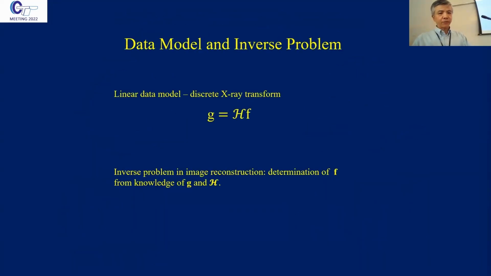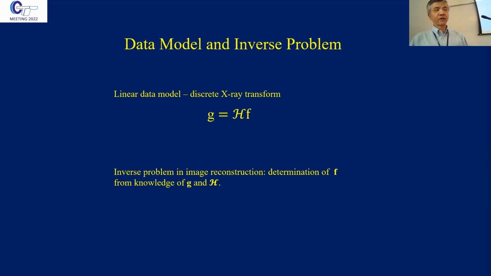The data model we're looking at is in essence still the X-ray transform, in discrete form. We're not talking about the continuous one. The inverse problem here is to determine F from knowledge of G and H. In the full scan case, you have full knowledge of H, a full-blown matrix, and G is the full data set.